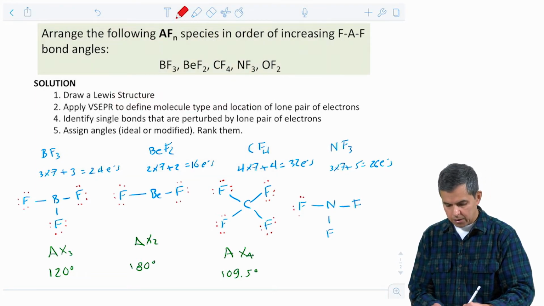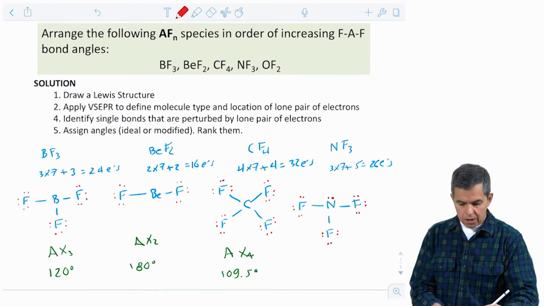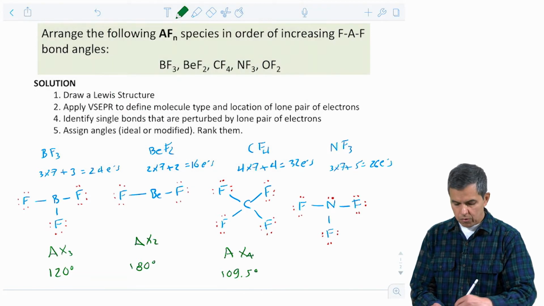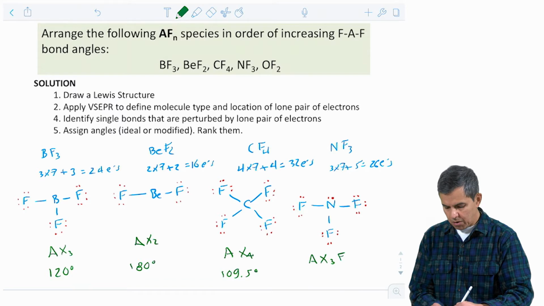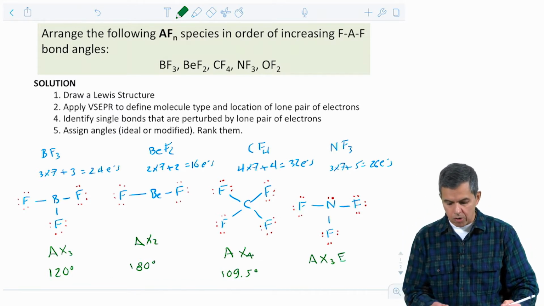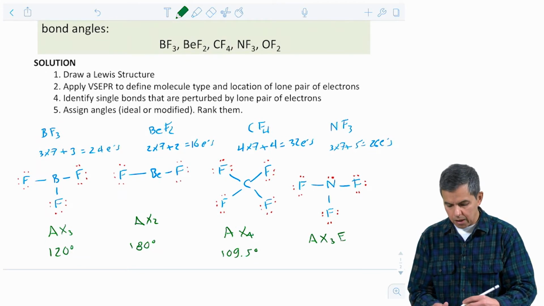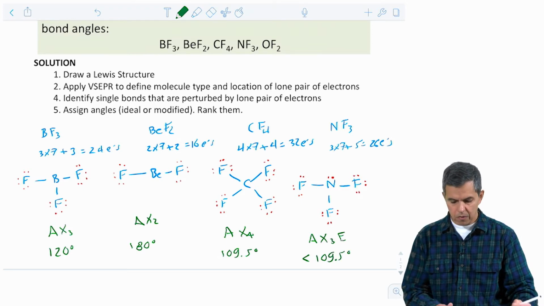So we place 6 on each fluorine atom, that's 18, and 2 on the nitrogen. So this molecule will have the shape AX3E because we have 1 lone pair. That lone pair causes repulsion towards the other bonds, so the angle is going to have to be less than 109.5 degrees.